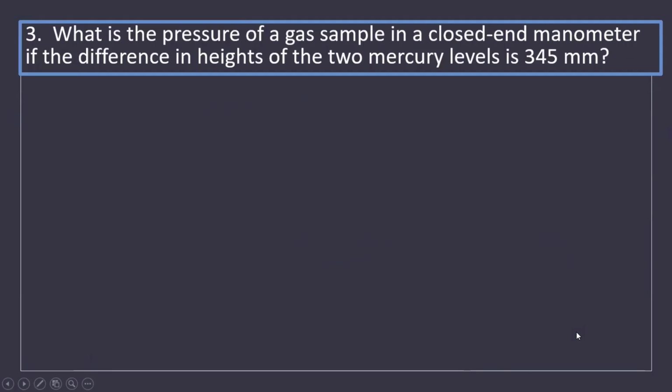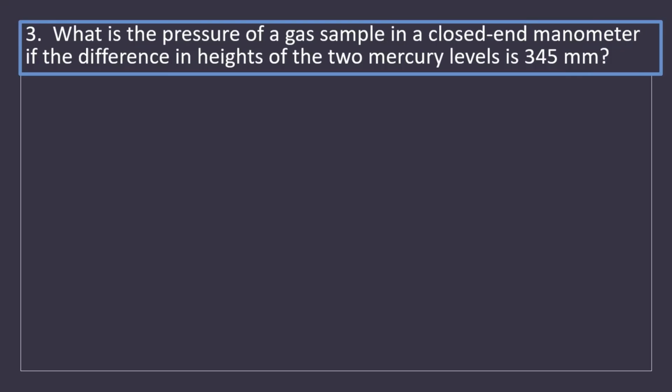Now, the last practice question is about the closed-end manometer. What would be the pressure of a gas sample in a closed-end manometer if the difference in heights of the two mercury levels is 345 millimeters? Remember, this one does not take into account the atmospheric pressure. Your book especially likes to make you second-guess yourself, and it tells you what the atmospheric pressure is just to throw you off.